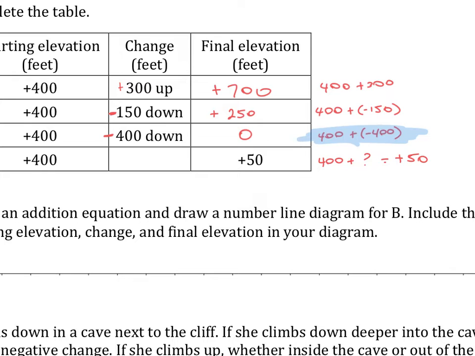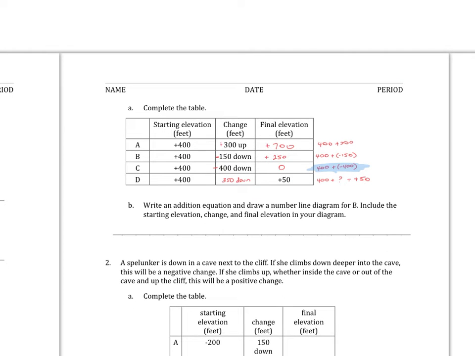And looking at it, I know it's going to be negative because the only way I can get from 400 to 50 is if I go down in value. And that's a negative connotation. So I know I'm going to have to go down 350 feet to get to 50.